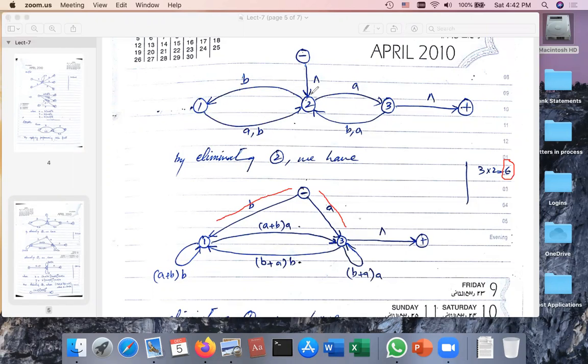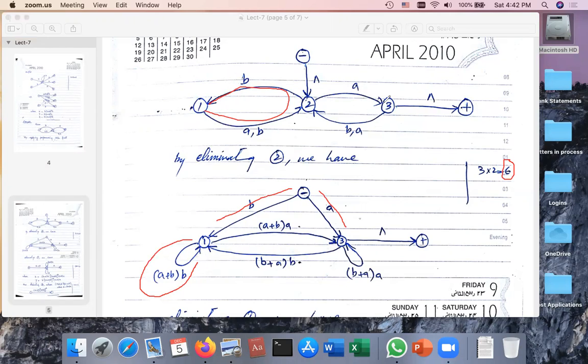And if 2 is removed, then it will become a loop. But this is the path A plus B and B. So A plus B and B, which I have to represent here as A plus B into B, and I have introduced a loop here.